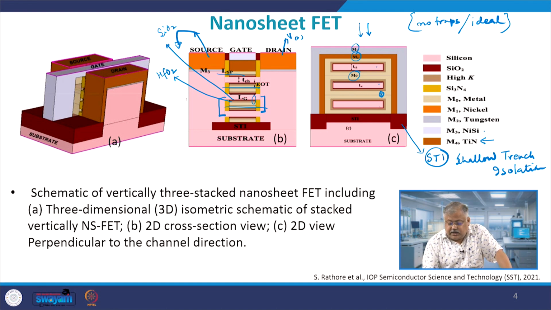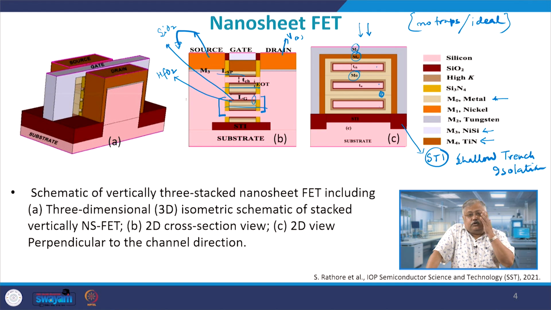Metal 3 is basically nickel silicide, right. You can also have metal 0, which is the basic metal layer which you put. So, there are 3 to 4 metal layers associated with nanosheet FETs at various places. Why? Because the final layer of the nanosheet, which is M4, will be responsible for it to talk to the external world, right?